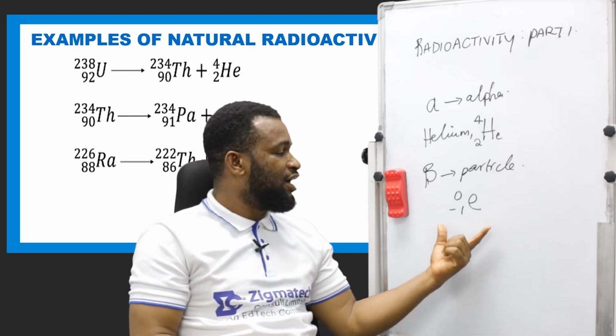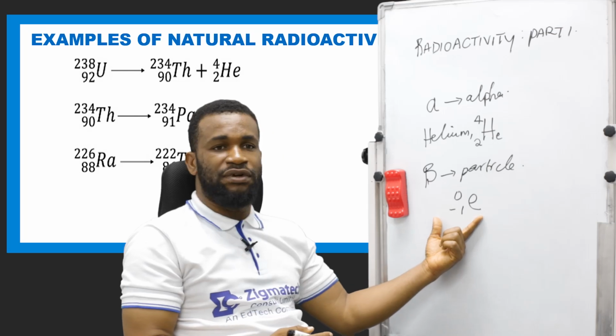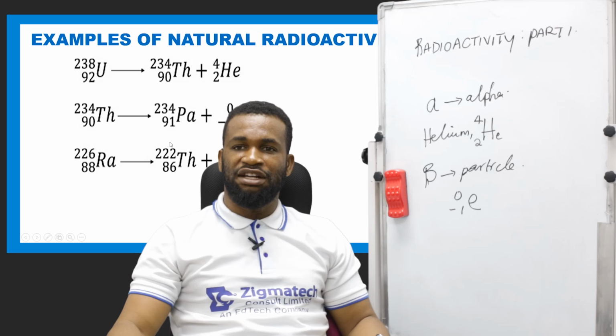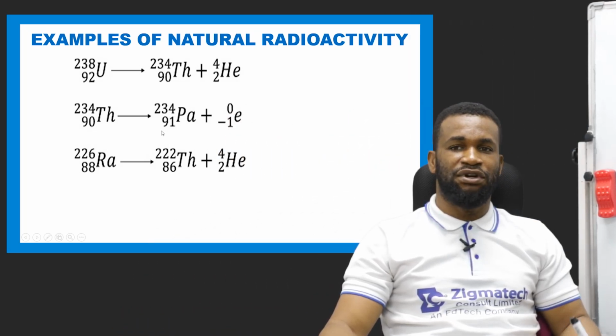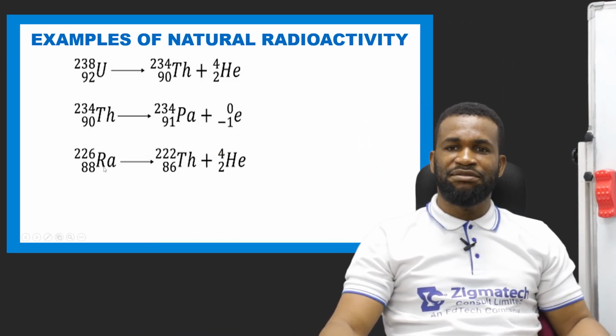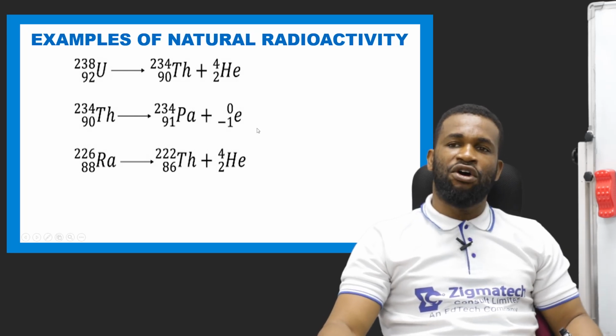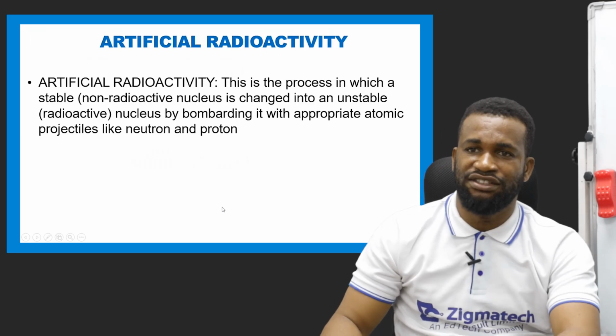This is the symbol of electron. When it is emitted from thorium, a new element is formed, which is 234, a nuclide. Then the same thing happens to radium, and so on and so forth. So these are all what we mean by natural radioactivity.